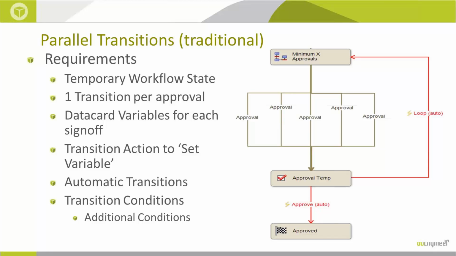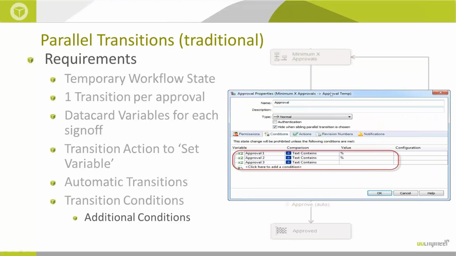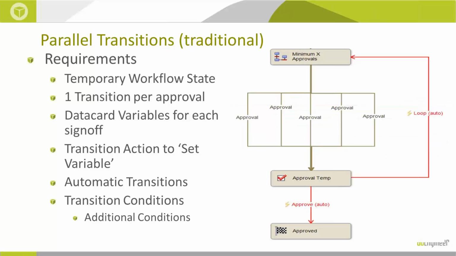So if we look at the minimum X way of doing this, it's structured actually very similarly to the department approvals method, but instead of using those group permissions to determine which approval transition path you follow, we have some additional transition conditions to sort this out.